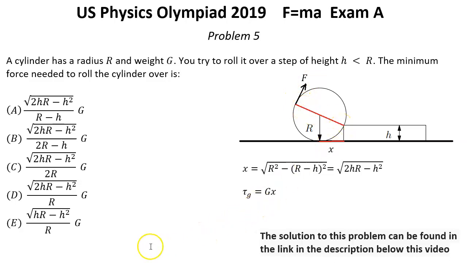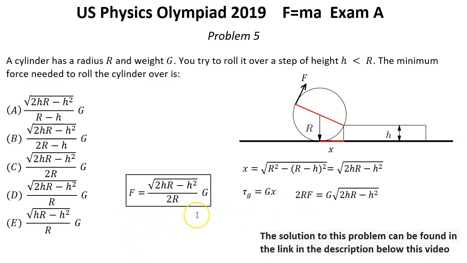So the equation equalizing the two torques is 2RF equals G multiplied by this square root. From here we can find the minimum force needed. That will be this expression, and this is answer C, and this is the solution for problem number 5.